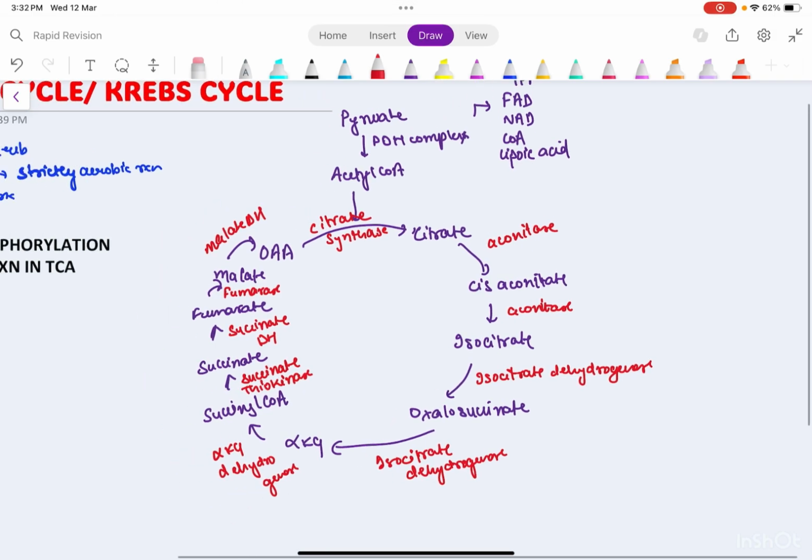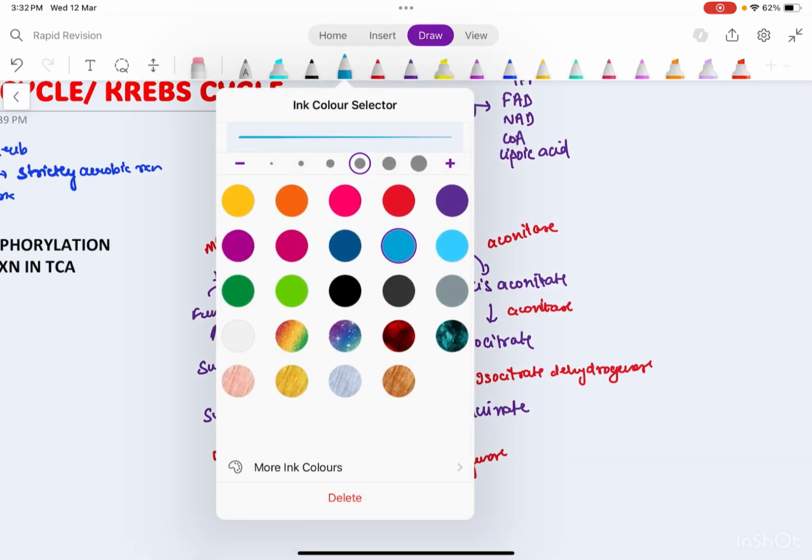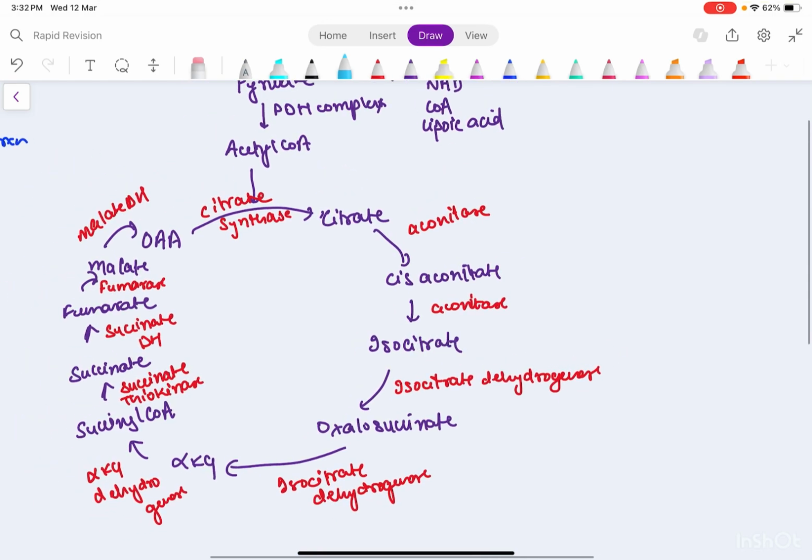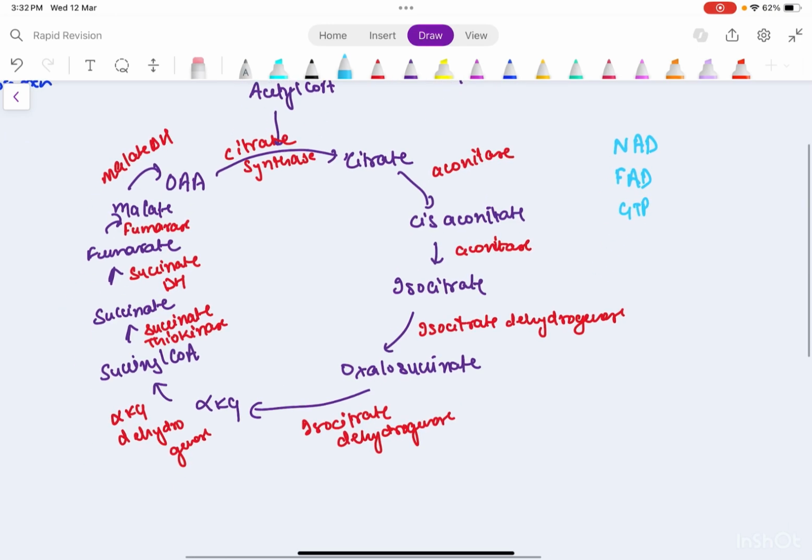Now I will tell you some key points. So let's just discuss about the energetics. So in energetics, you have to remember that here we get NADH, FADH2, and GTP. First of all, through succinate thiokinase, we get 2 GTPs, which further get converted into 2 ATPs.